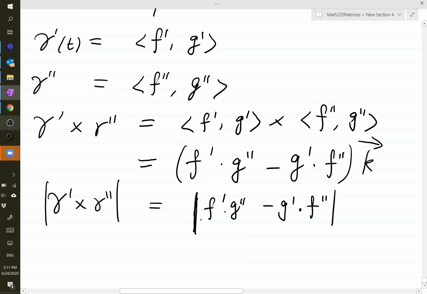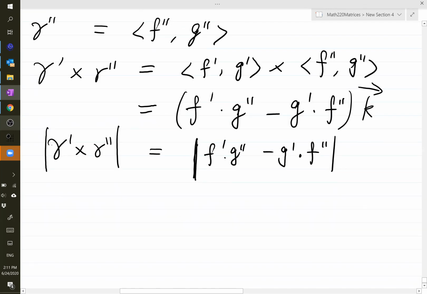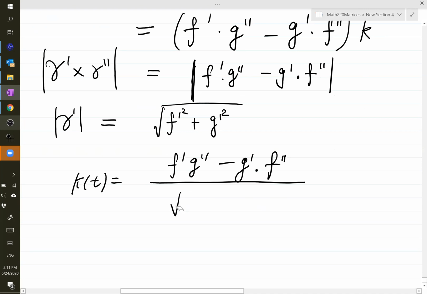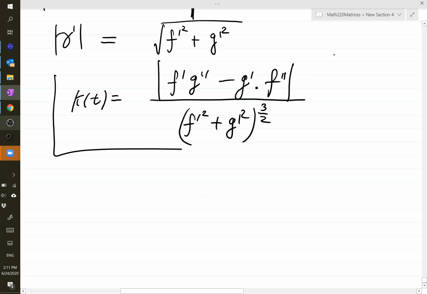Then the norm of r derivative is the square root of f derivative squared plus g derivative squared. So kappa of t is the absolute value of the numerator, f derivative g second derivative minus g derivative f second derivative, over (f derivative squared plus g derivative squared) to the power 3 over 2. Sorry, it's not to the power 3 for the norm itself. This is the curvature of a curve in this parameterization.